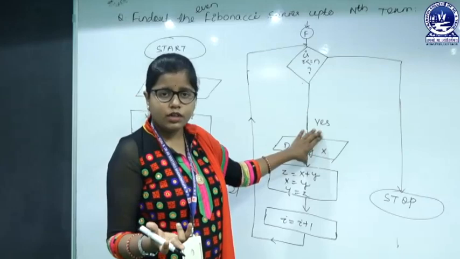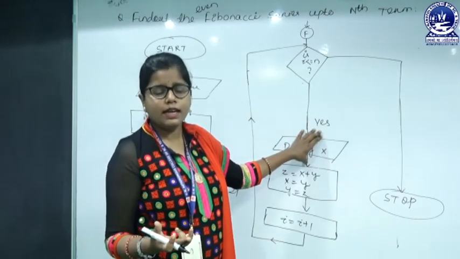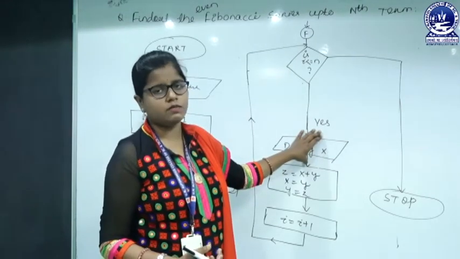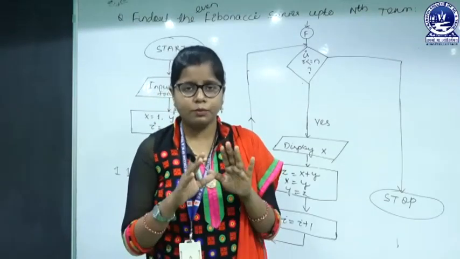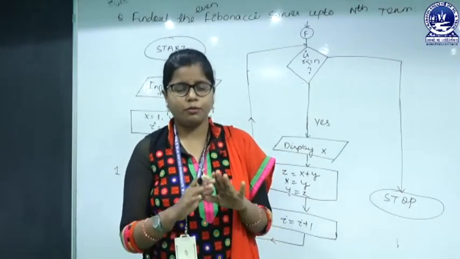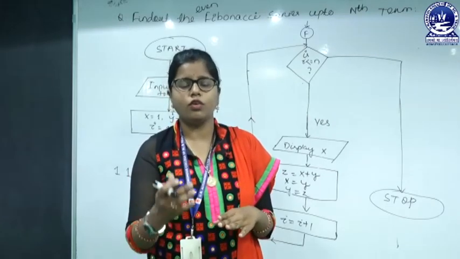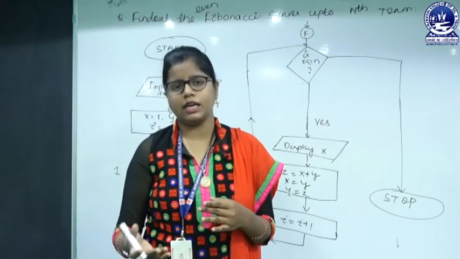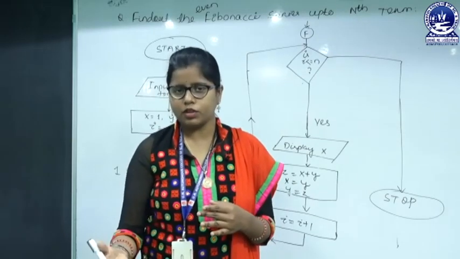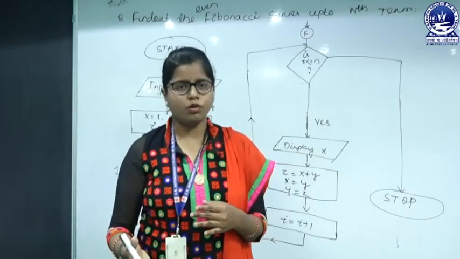If the x value is an even number, then we need to print the x value. If the x value is an odd number, then we have to skip that and we will go for the next, that is z equals x plus y, and moving the x and moving the y forward. So we will go for that.